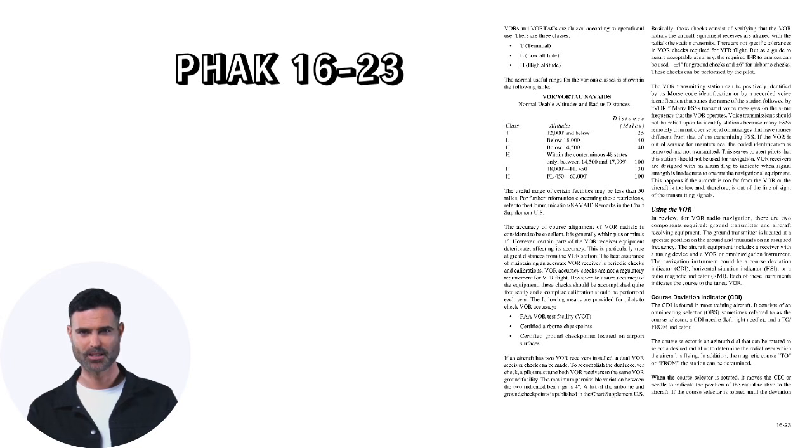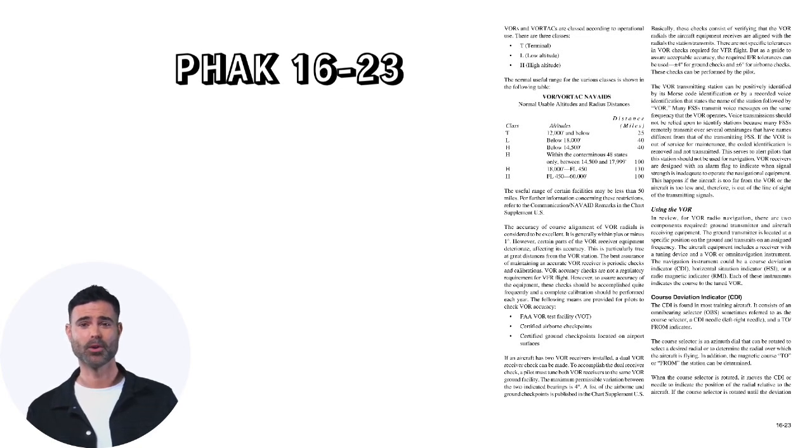VORs and VOR TACs are classed according to operational use. There are three classes: T, terminal; L, low altitude; H, high altitude. The normal useful range for the various classes is shown in the following table. VOR/VOR TAC NAVAIDs normal usable altitudes and radius distances. Class T: altitudes 12,000 feet and below, 25 miles. Class L: below 18,000 feet, 40 miles. Class H: below 14,500 feet, 40 miles.